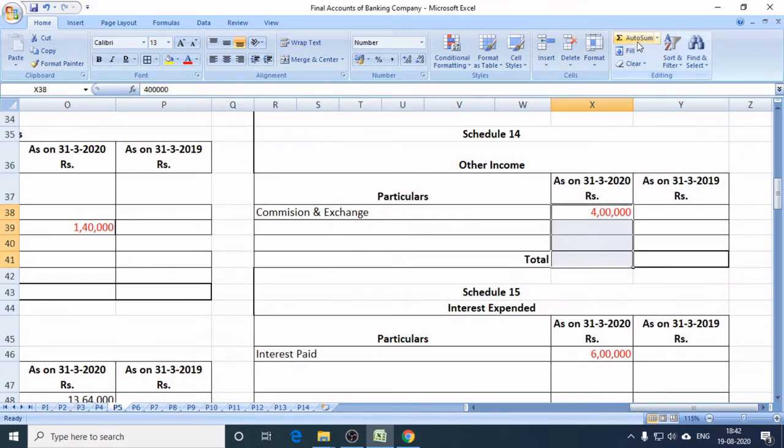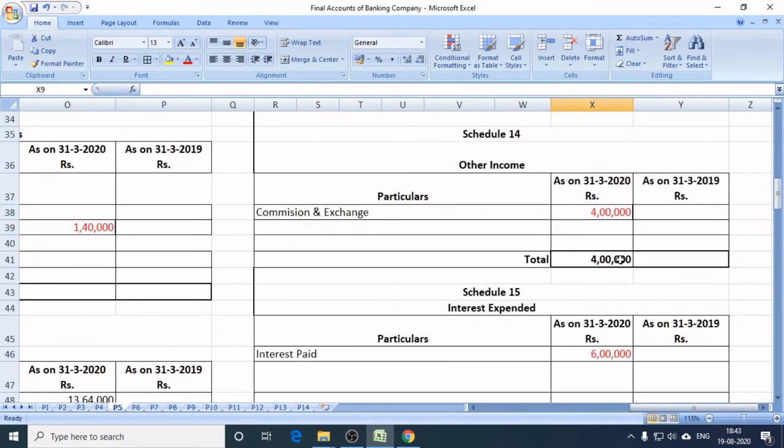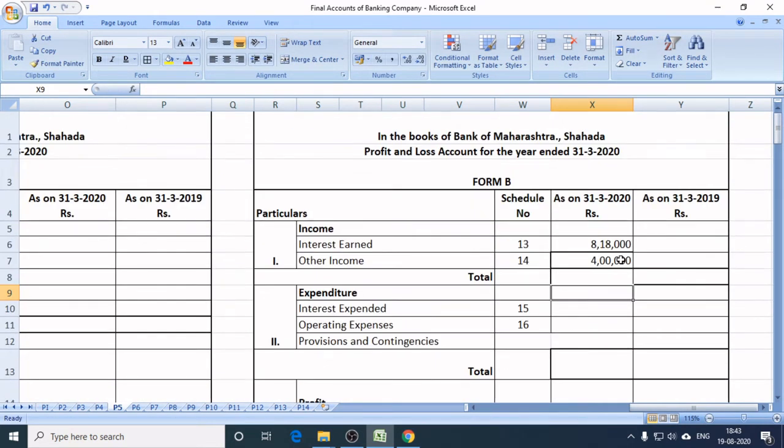There is only one particular here, so show the summary here in schedule number 14, other income, 4 lakh. Yes, 4 lakh. Okay, now make total of total incomes. So total incomes are 12,18,000 before deducting the expenditures.